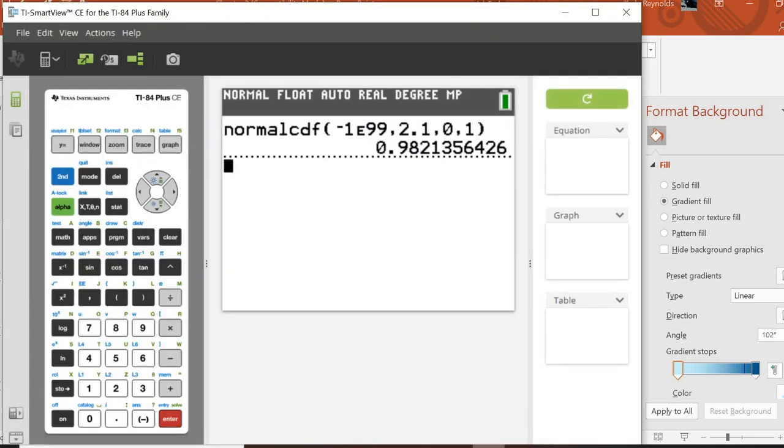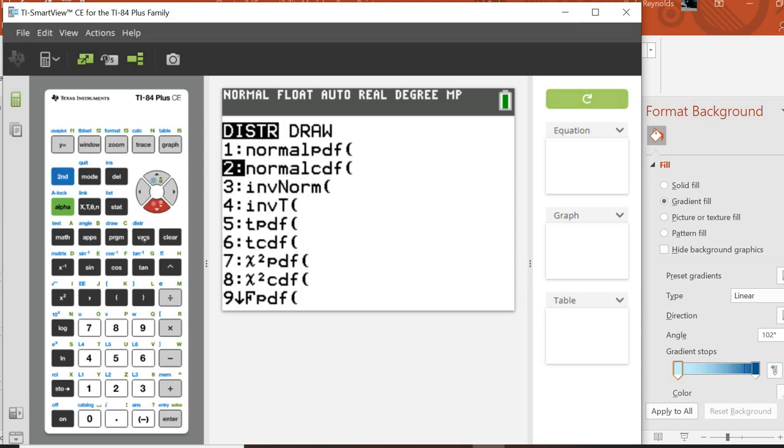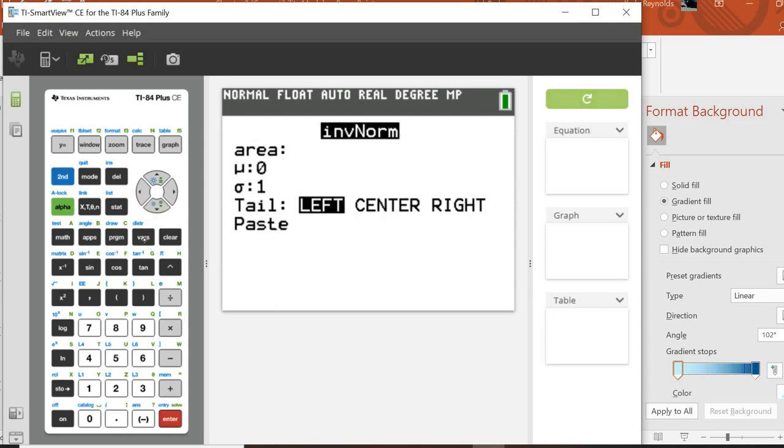We're going to go to the same menu. You go second vars, but this time we want inverse norm. We're going to do a percentile, so it's 0.45, and this always has to be as a decimal. And our mean is 0, standard deviation again 1, because we're looking for the z-score.